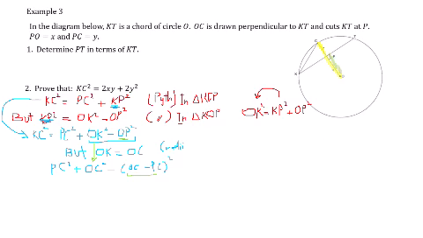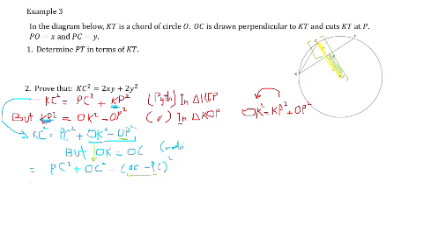So the OP is equal to the whole of this line OC minus this part here, which is PC. So that's why in place of OP we wrote OC minus PC.